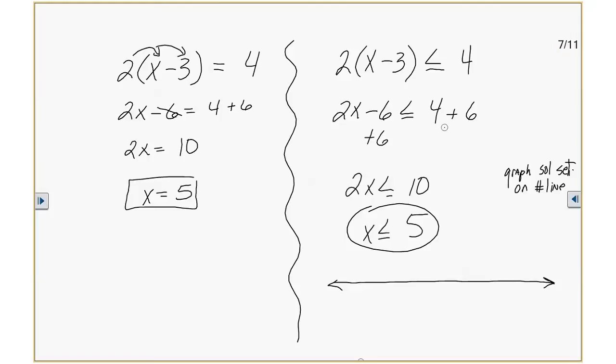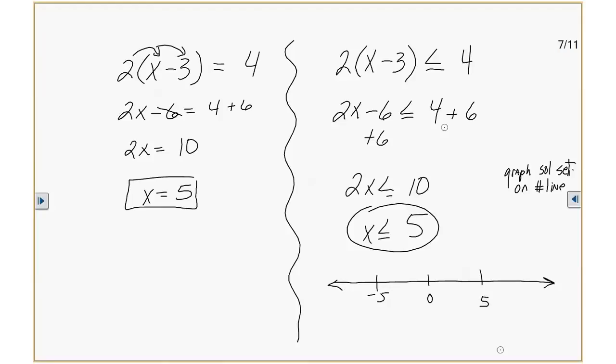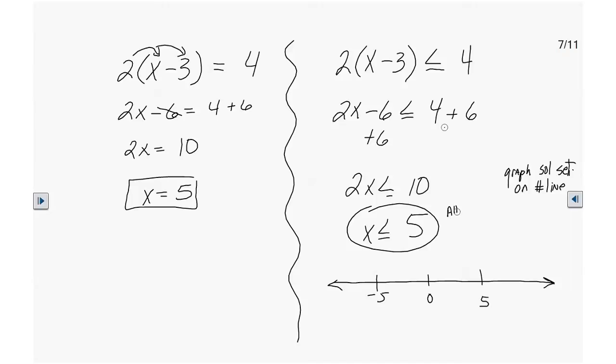So here is 0, here is -5, and here is +5. Now somebody tell me what this says. This says that all my solutions are less than or equal to what? 5. That's what that says. I want you to write that down right here: all of my solutions are less than or equal to 5.